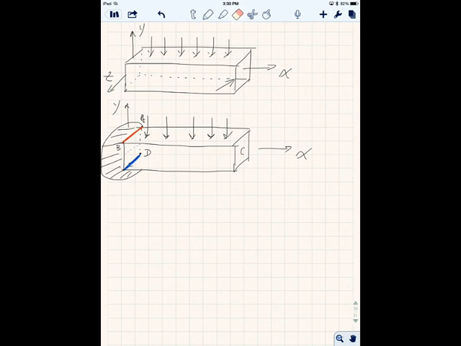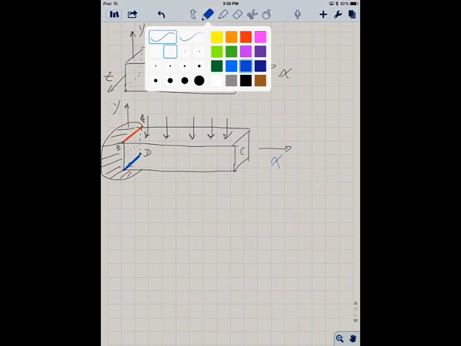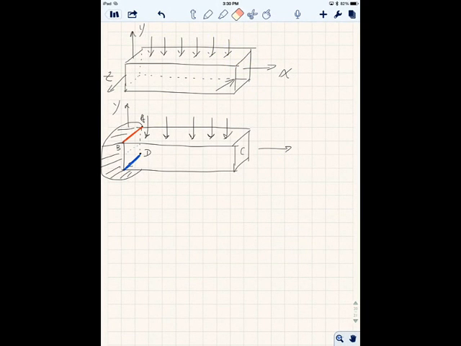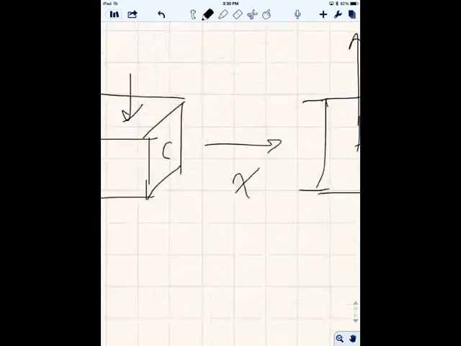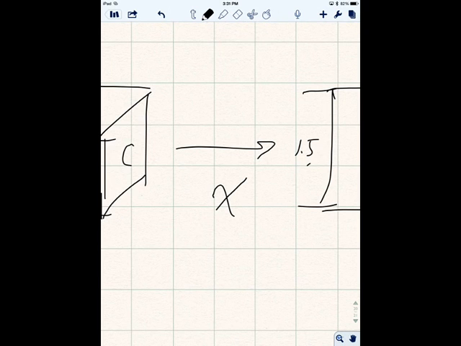Let's see here. Let me try to draw a cross-sectional view for you. I want blue. In this case, this is Y, and let's just take a cross section, right? Because in the dimension of Y, the maximum over here is 1.5, from top to bottom.